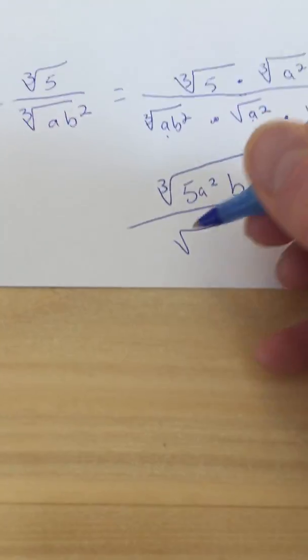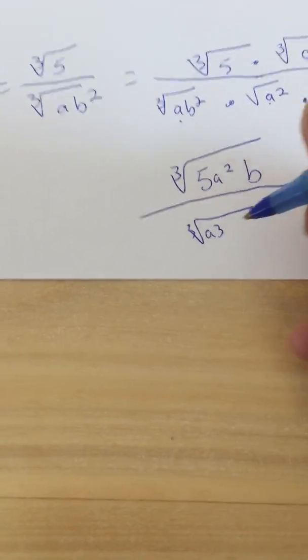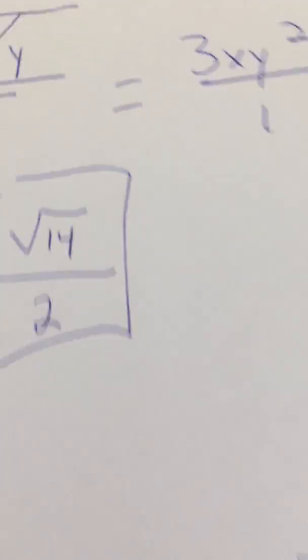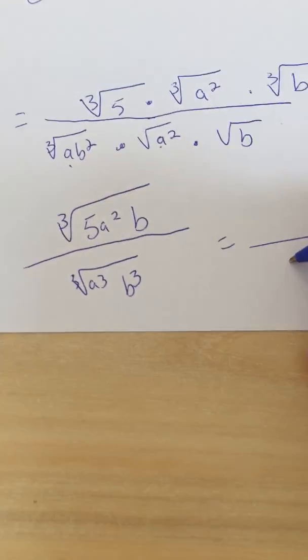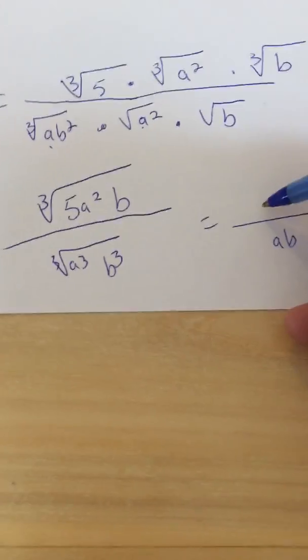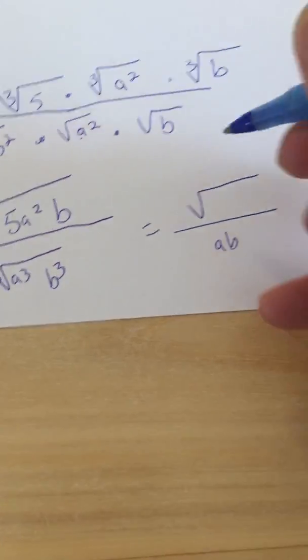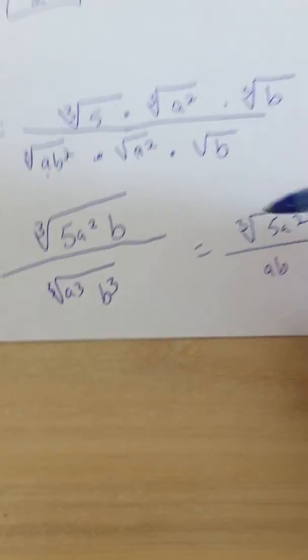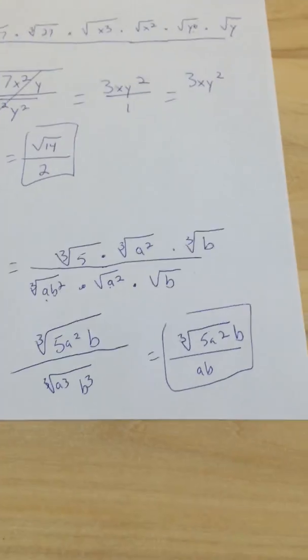Well, here, I'll just do this. A to the 3rd, b to the 3rd, and then last but not least, sorry, my paper's kind of messing up, you're going to be left with ab on the outside, so you have no more radical on the bottom, and this is the cube root of 5a squared b on the top. All right.